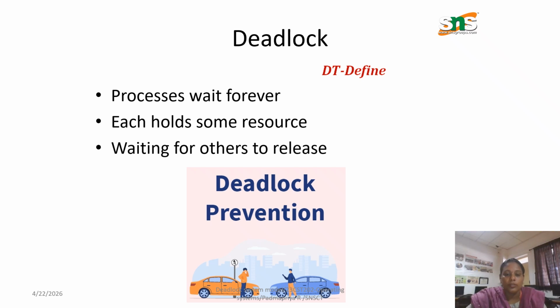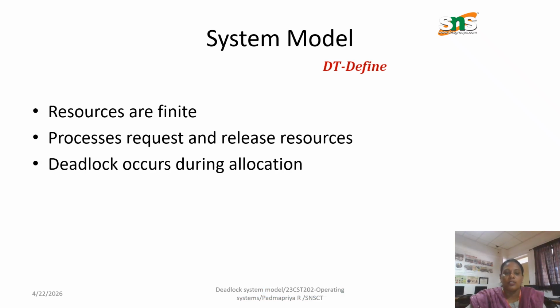Processes wait forever. Each holds some resources while waiting for others to release. So here, when the same resource is requested by two processes, the resource is assigned to the first process.